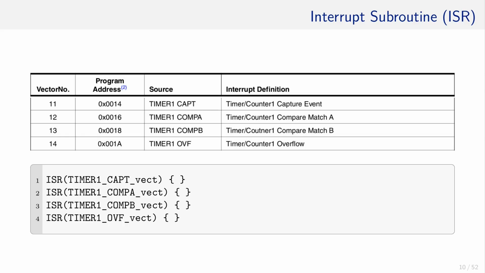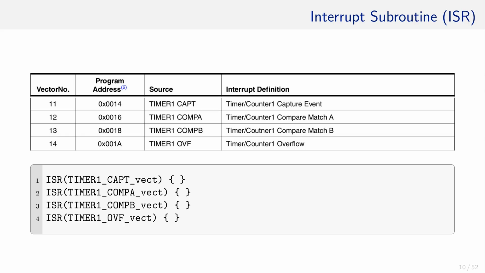For instance, the ISR parameter timer1_OVF_vect makes sure that the ISR is executed when an overflow in timer 1 occurs. Easy, right?